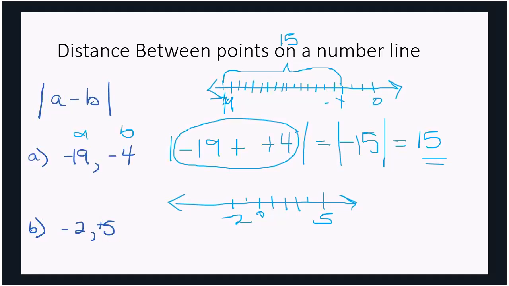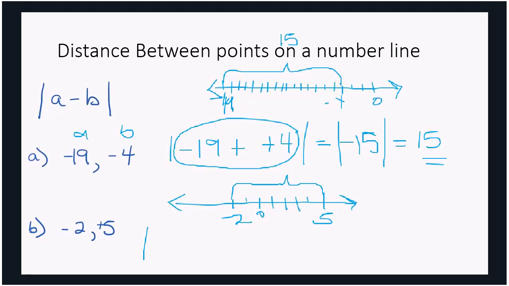So I want to know this distance here. Now I could do it on my number line, but you're going to get numbers that are quite large, like for instance, you could have a number like -506 all the way to +1082, and there's no way you want to make a number line that big and then count all the units. So that's why we're showing you this way.